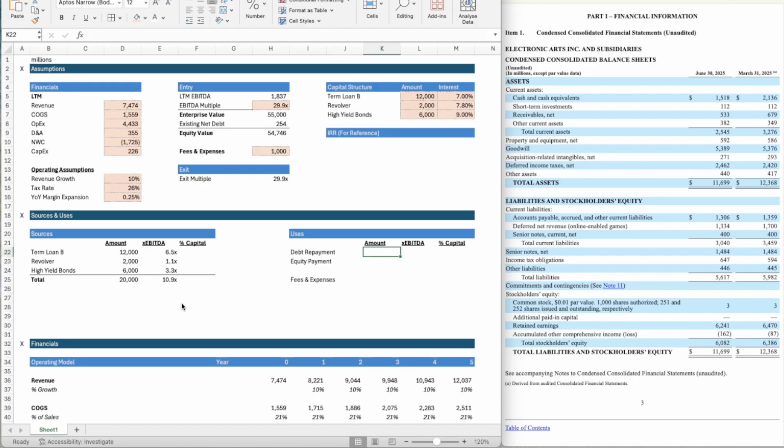So the debt repayment, we know, is to pay off the existing debt on the company, and that equals a small portion of EBITDA.